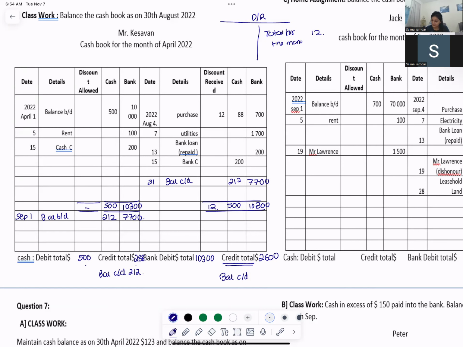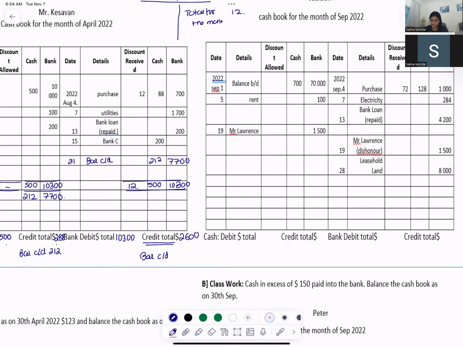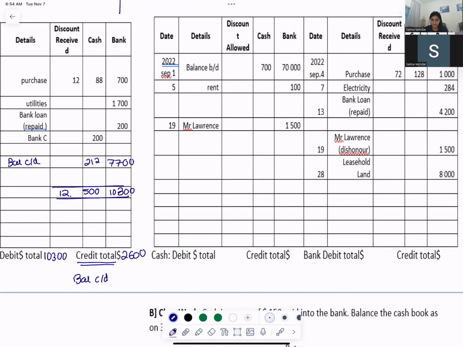Now you can try this sum for yourself. Pause the video, try this sum, and then see it with the answers, tally it with the answers. Let's start. The debit total of cash is 700. Credit total of cash is 128. Cash account will always have a debit balance. That means the debit side will always be more.